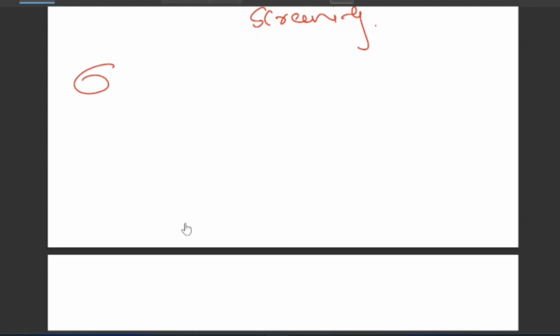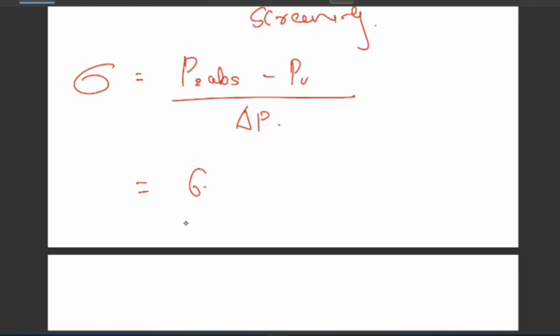So the standard formula is: cavitation index sigma equals P2 absolute minus PV, divided by delta P, which is the pressure drop.